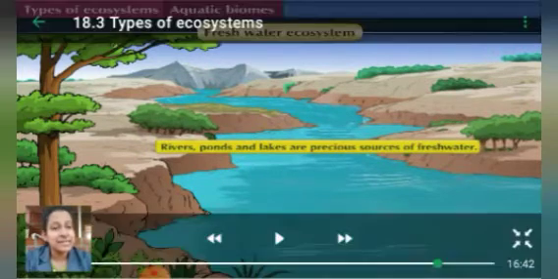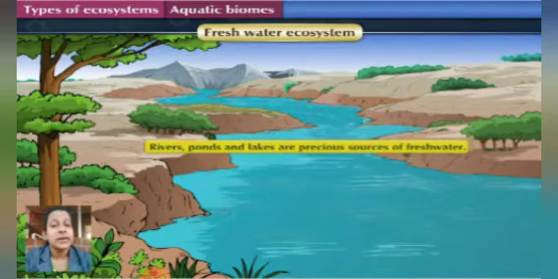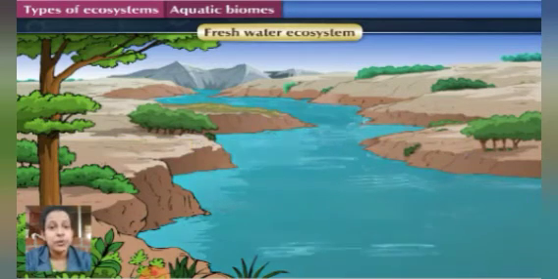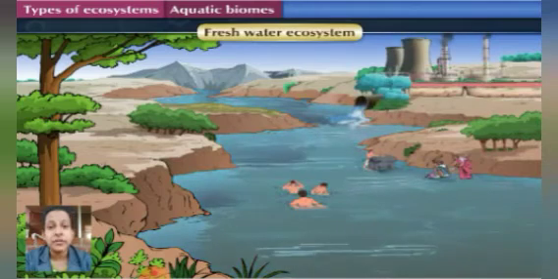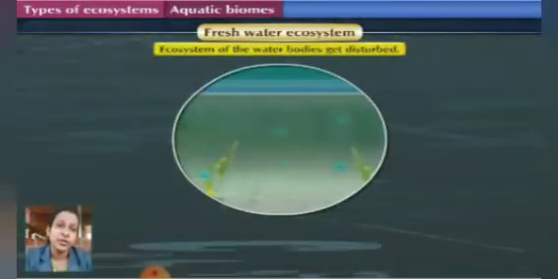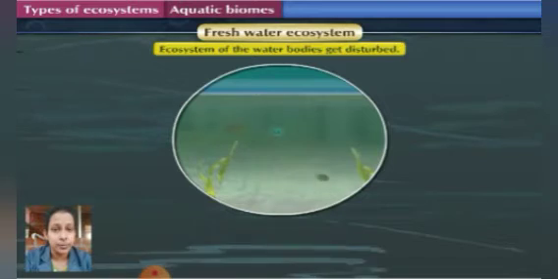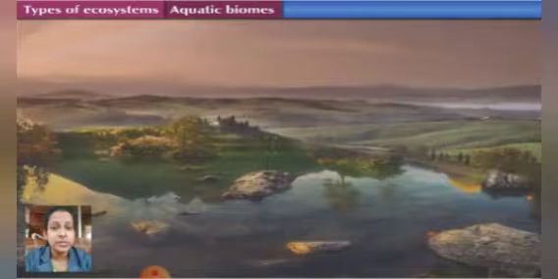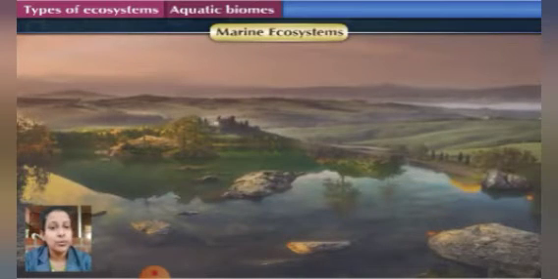Okay, but are they safe? No, my dear students, they are not safe, maybe because of human intervention, or due to too much pollution in the water. The freshwater ecosystem gets disturbed, and this may cause harm to the freshwater ecosystem.